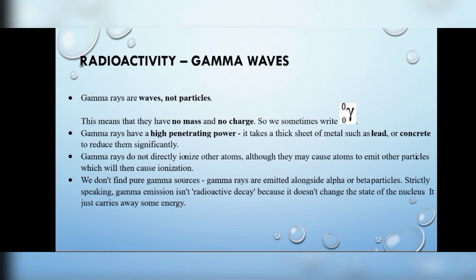Gamma rays do not directly ionize other atoms, although they may cause atoms to emit other particles, which will then cause ionization. We don't find pure gamma sources. Gamma rays are emitted alongside alpha or beta particles. Gamma emission isn't radioactive decay because it doesn't change the state of the nucleus. It just carries away some energy.